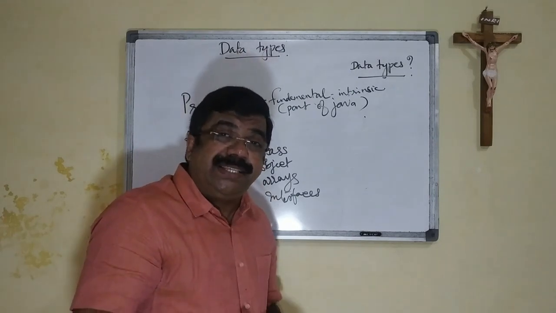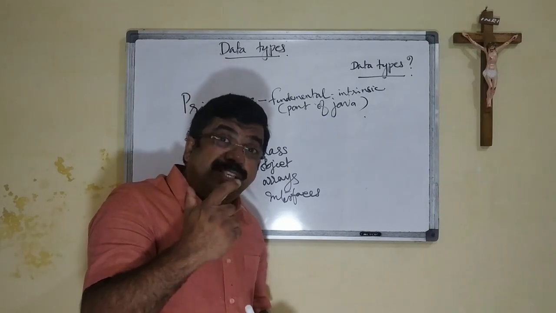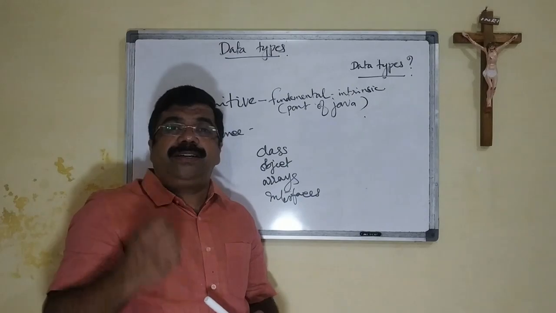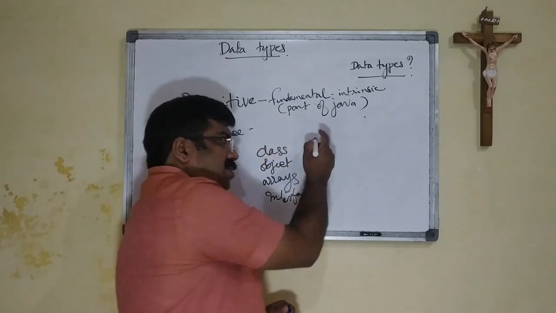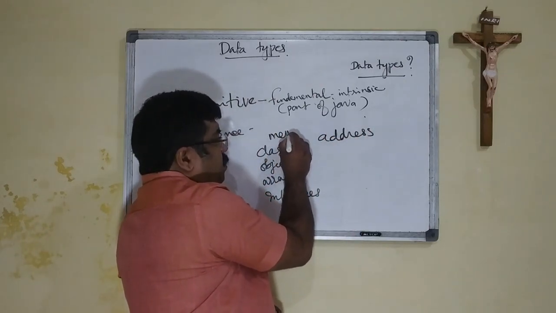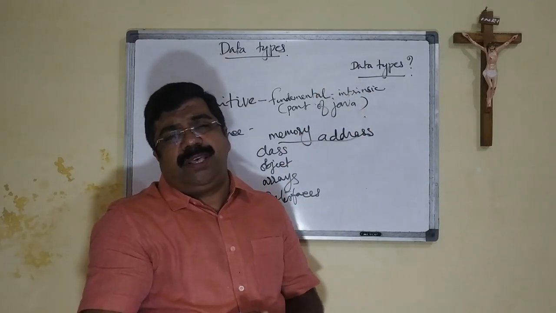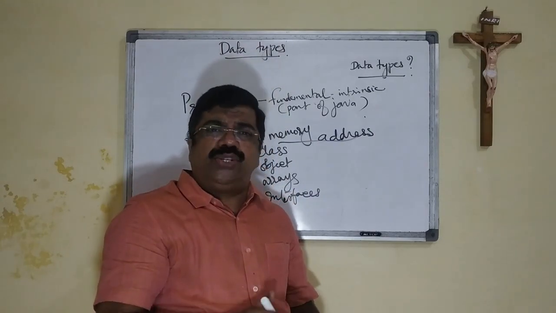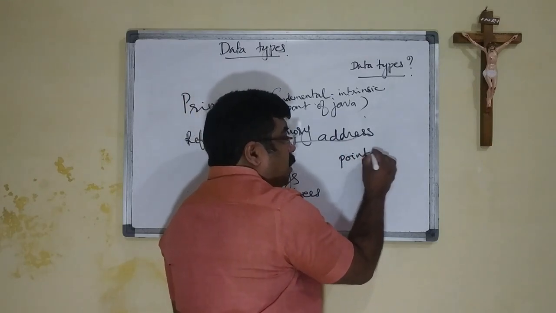What is a memory address? Location. Cell address. Where do we store the value? That exact location is taken out. So the address is cell address, memory address. This memory address we call, in other programming languages such as C language, C++ language, etc., pointers.